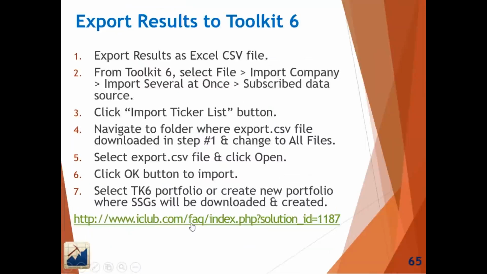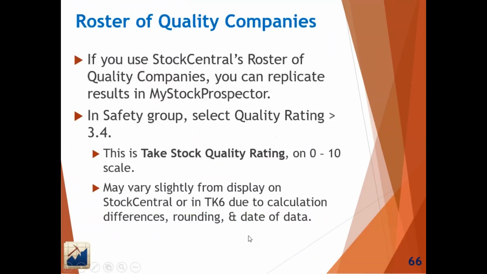So the complete tips are linked on every page of My Stock Prospector to show you how that works, and there's a URL there in the handout as well to the FAQ with those complete instructions. And then finally, the roster of quality companies is our automatic screen each month, each week that we run using the data at Stock Central.